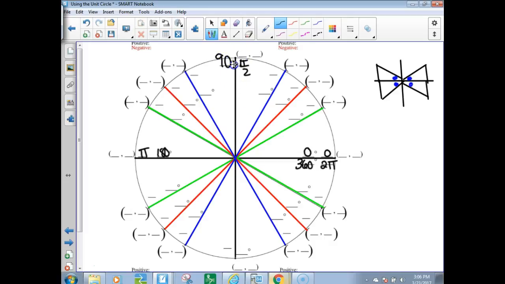Then I'm going to go 1 pi over 2, 2 pi over 2, 3 pi over 2 to get the bottom, 270. All right, and then I'm going to fill in the points quick. So 1, 0, 0, 1, negative 1, 0, 0, negative 1.